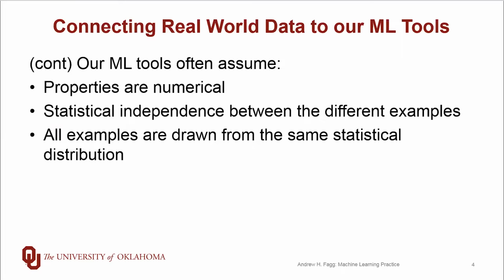On top of these issues, our machine learning tools also make some other assumptions. First off, they tend to assume that properties are numerical in nature. They also assume statistical independence between the different examples. And furthermore, they want to assume that the distribution we're drawing our examples from is not changing over time.